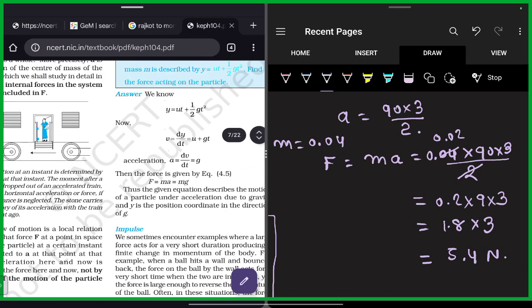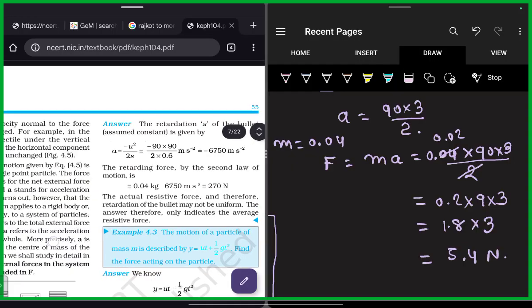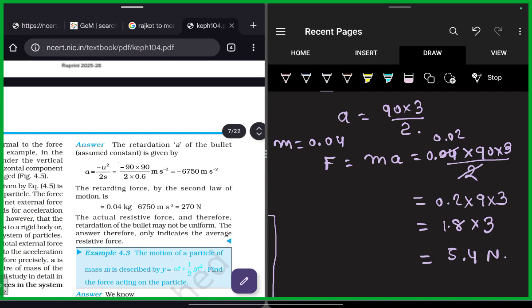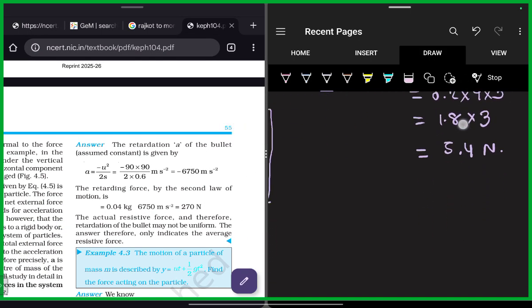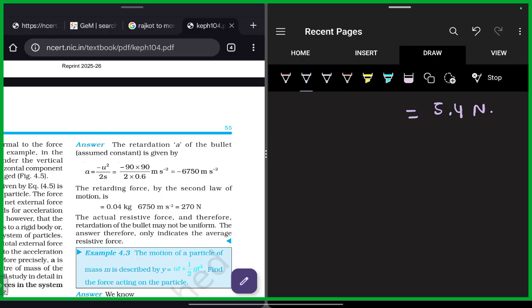So this was the discussion on second law of motion. Now let's discuss example 4.3. The motion of a particle of mass m is described by ut plus half gt square. Find the force acting on the particle.